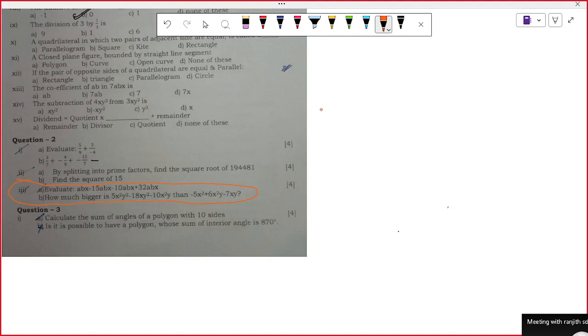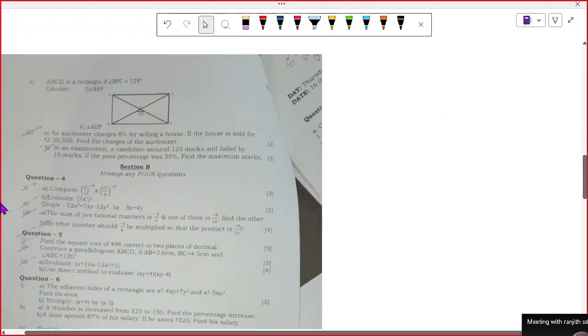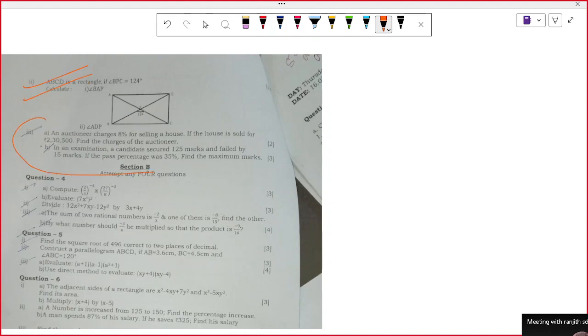From algebra, you'll have only exponents and what else? Identities, correct. Exponents and identities. No, exponents is also arithmetic. Identities. Fine. Third main. Calculate the sum of angles with 10 sides. Which chapter is this? Third main. Understanding shapes. We'll do it later, once we finish that. And even this we'll do later. Try this question.